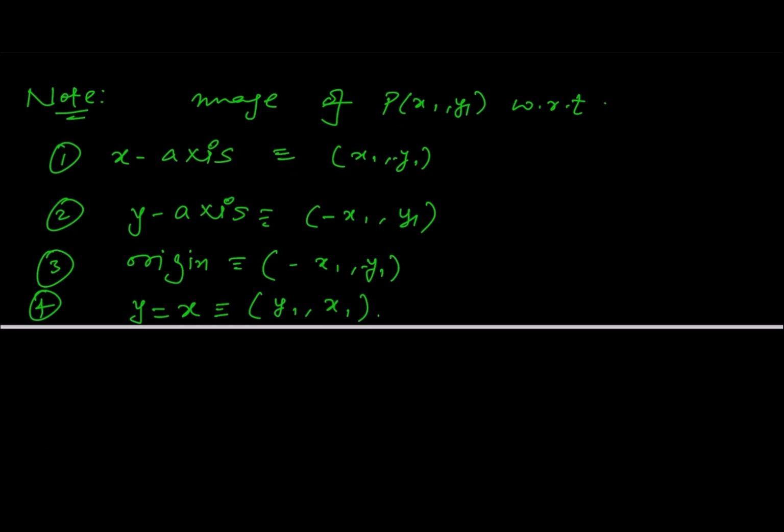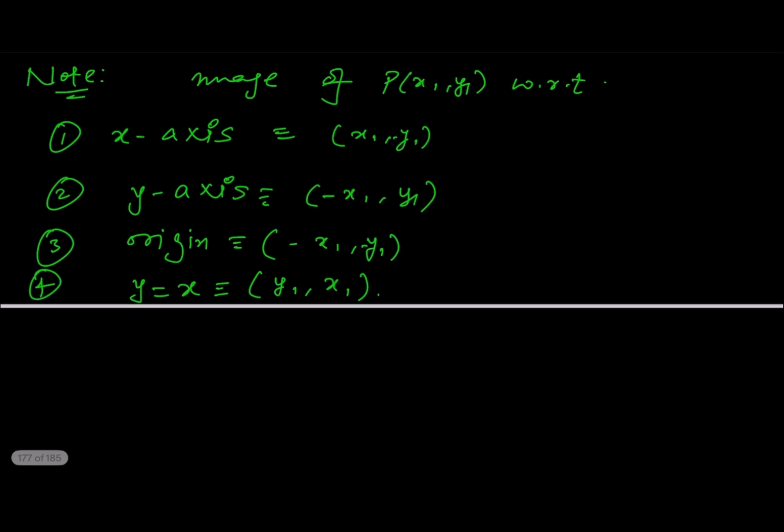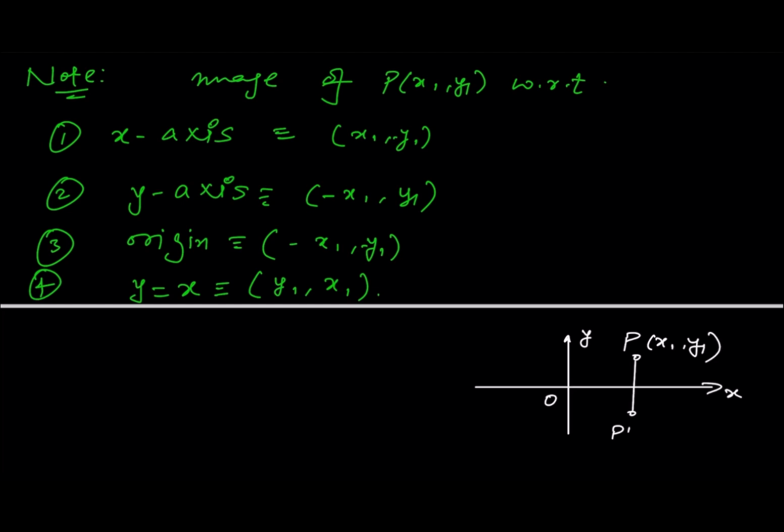Now with respect to the x-axis, these are the coordinates. Let's see. Say this is point P(x1, y1), and we have to find this P', say this is (alpha, beta).